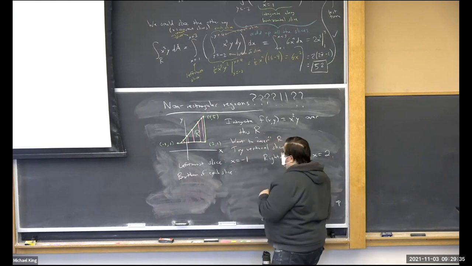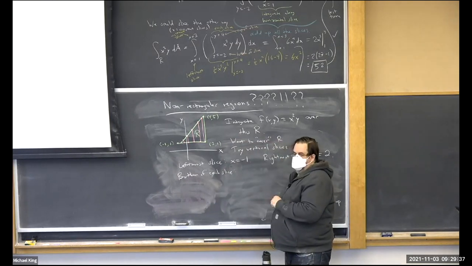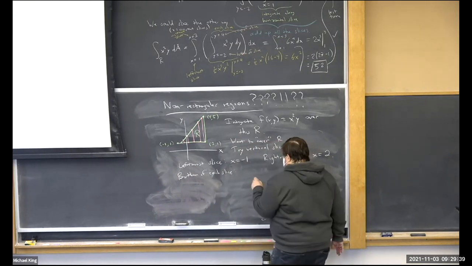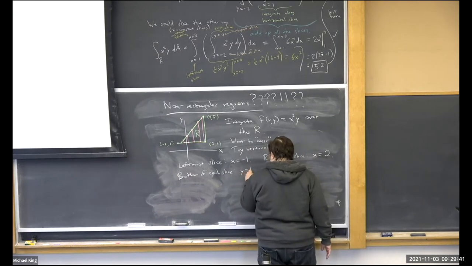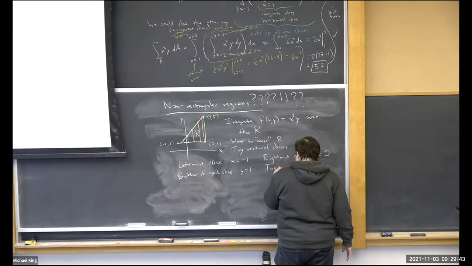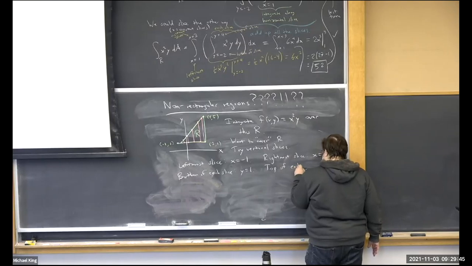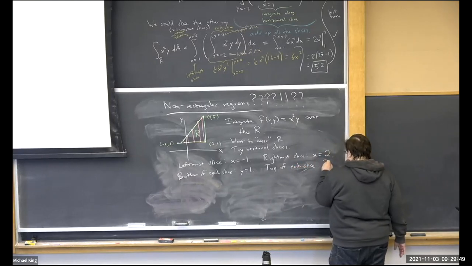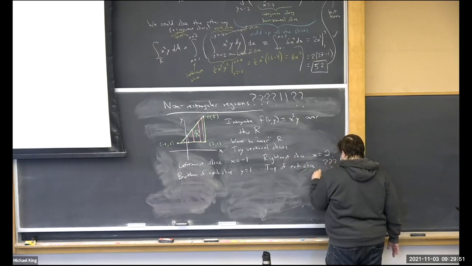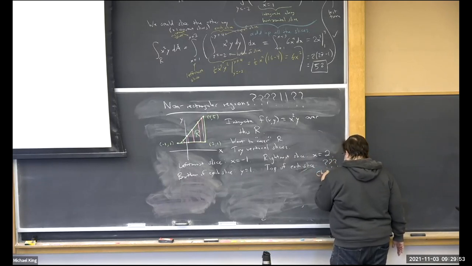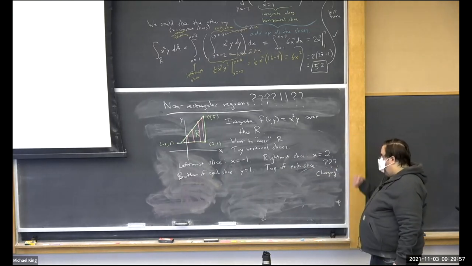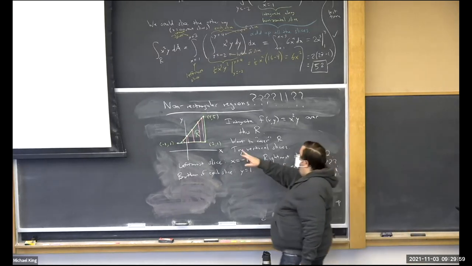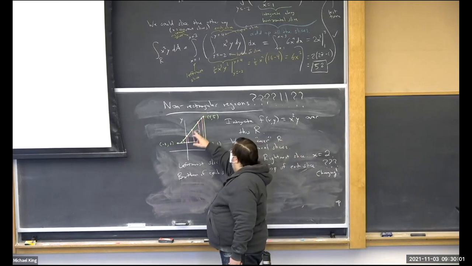What's the bottom of each slice? Y equals 1, right? What about the top of each slice? This is the part that's weird because it's changing. Right? We can't just say now like, oh, it's 5, because the top of the slice is only 5 over here.